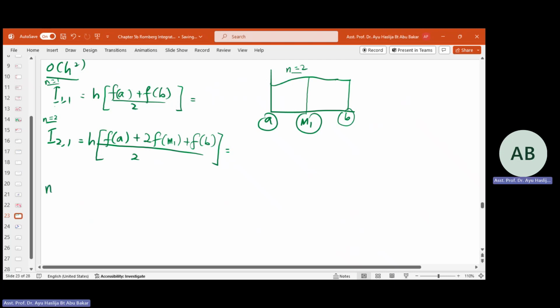Okay, when n equals to 4 is I31. Multiple application. Four segments.